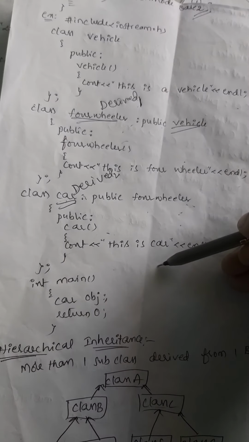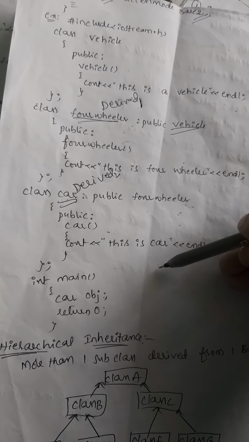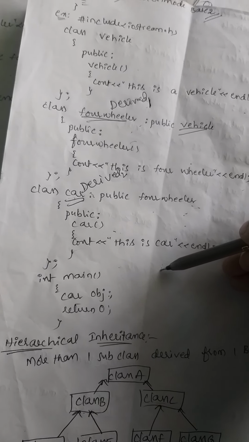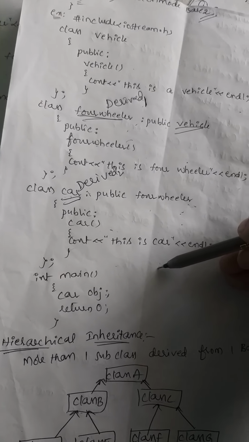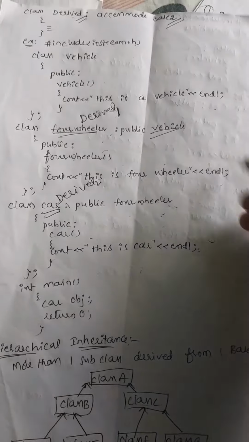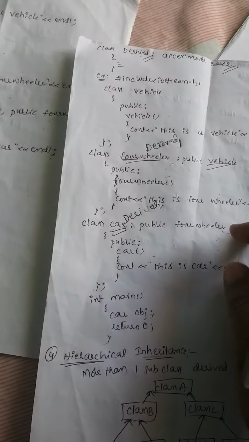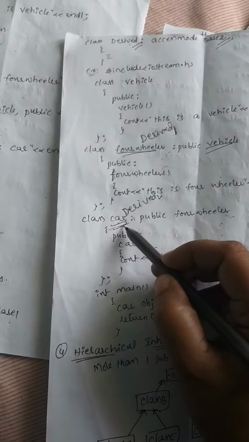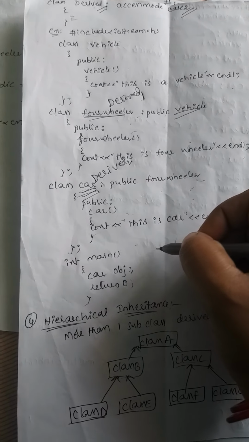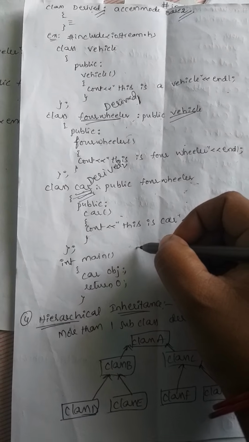In this multi-level inheritance, we have more than one derived class, so we always create the object with the last derived class. Here the last derived class is car, so we create the object with the car class.